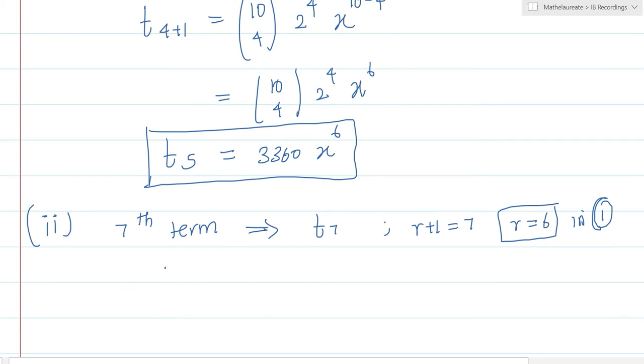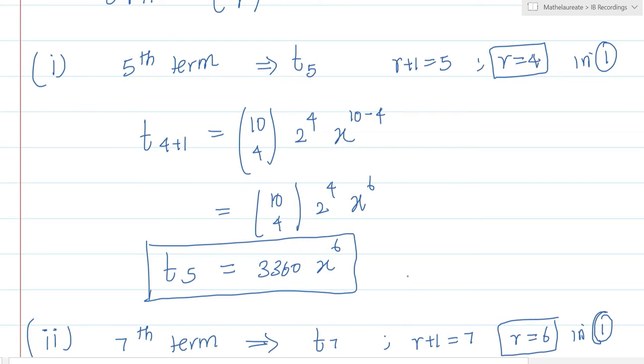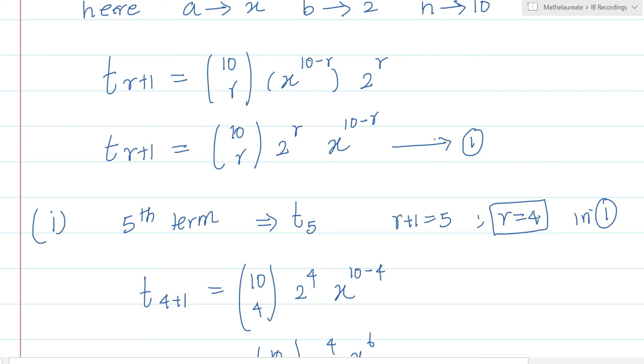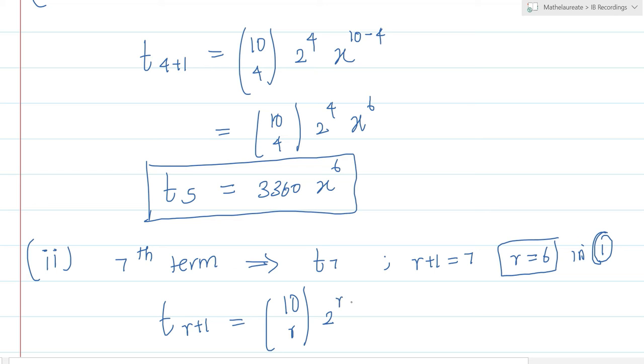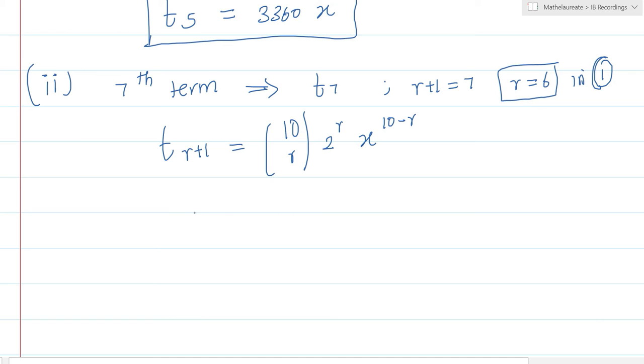T(r+1) is 10Cr, 2 to the power of r, x to the power of 10 minus r. Since we need the seventh term, we plug in r is 6.